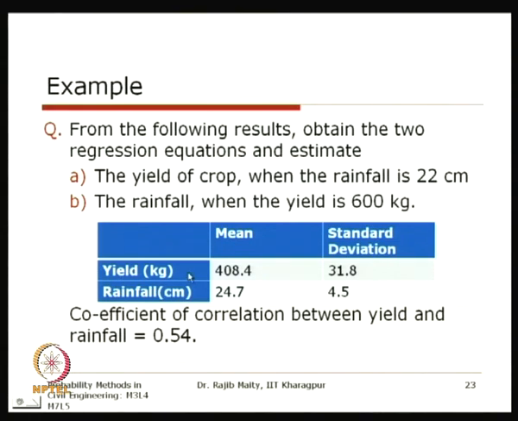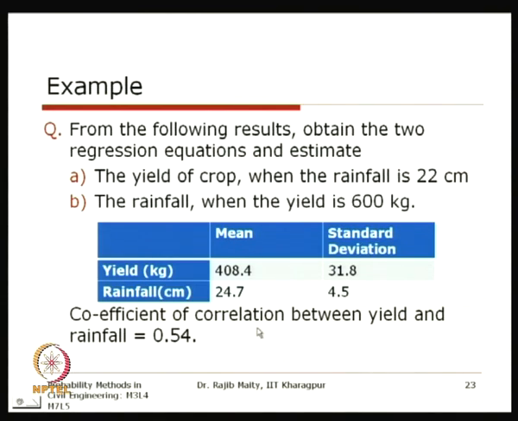The mean yield is 408.4 kg, and the mean rainfall is 24.7 centimeter. The standard deviation of the yield is 31.8 kg, the standard deviation of rainfall is 4.5 centimeter, and the correlation coefficient between yield and rainfall is 0.54.